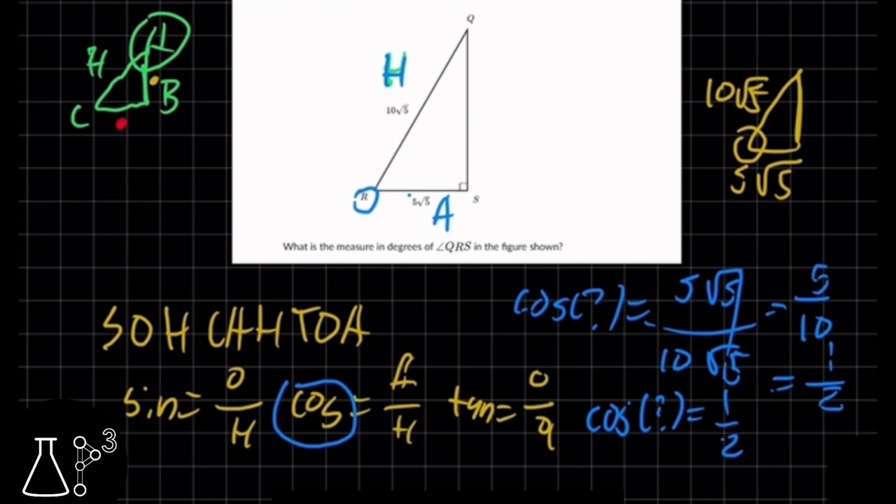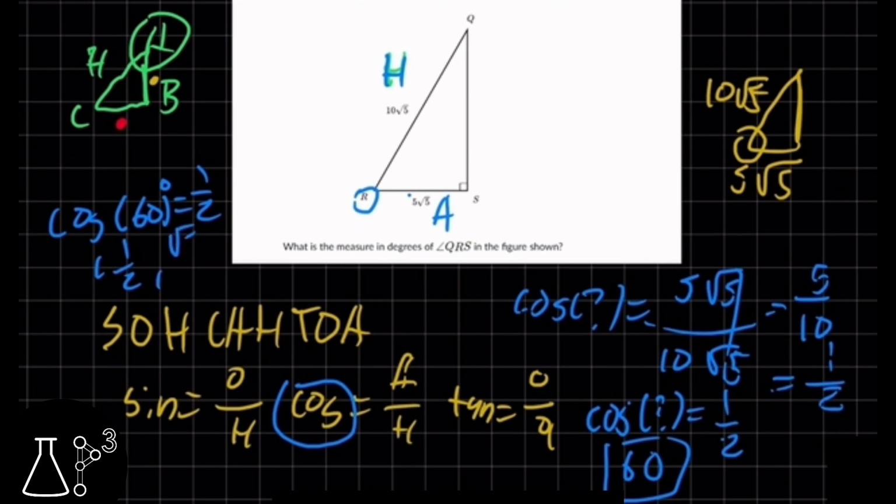You can use a calculator, but if you know your unit circle, you already know that it's 60, which is your answer, because if you plug in cosine of 60 in a calculator, you're going to get 1/2. In the unit circle, the point is 1/2 with radical 3 over 2. You can use the calculator, but the unit circle is, in my opinion, so much easier, and that is our answer basically.